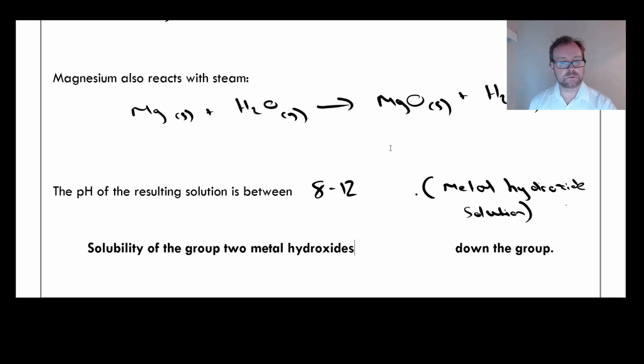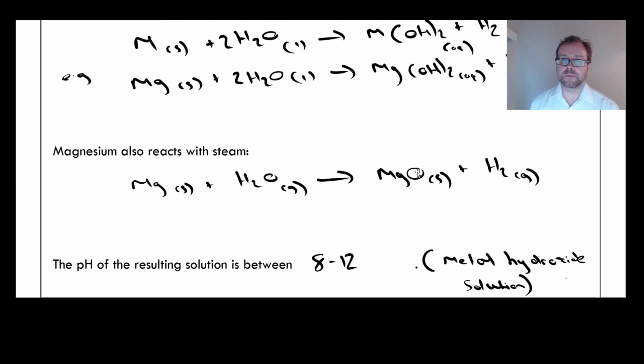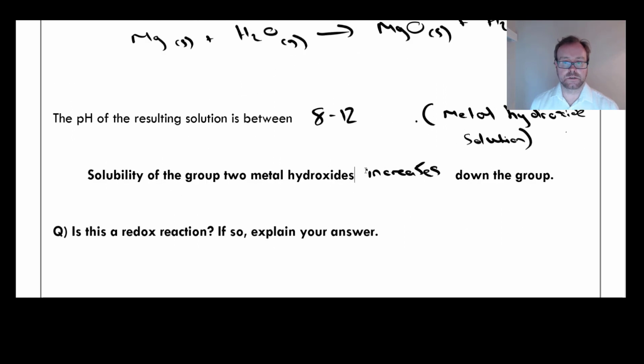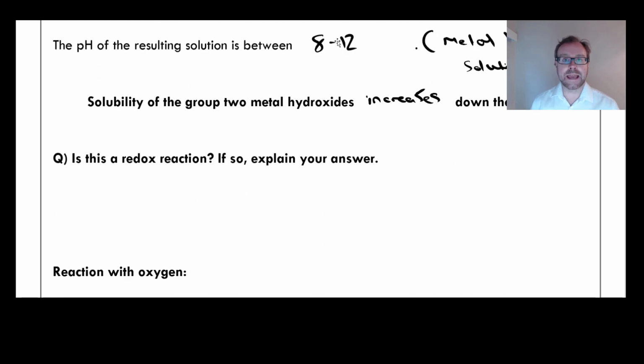The solubility of the group 2 metal hydroxides increases down the group. That's why it's a bit debatable about this state symbol, but we'll stick with aqueous for now. If they become more soluble, we'll release more hydroxide ions, which means the pH will also increase.